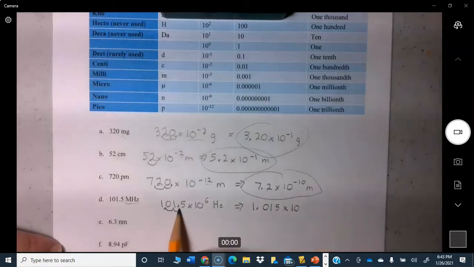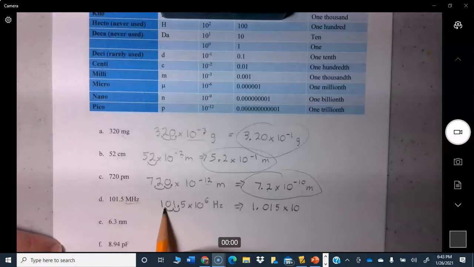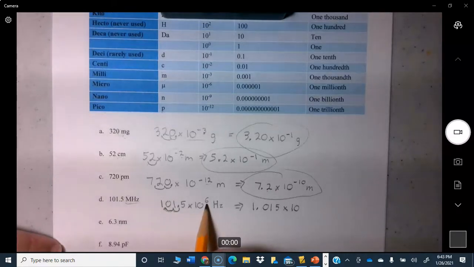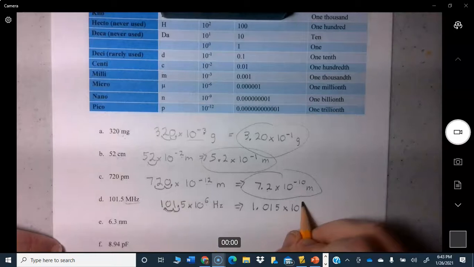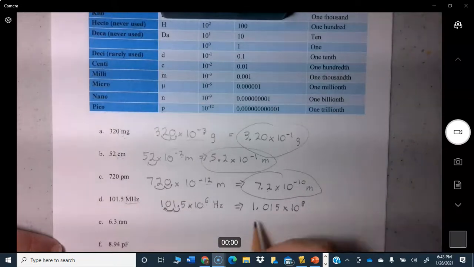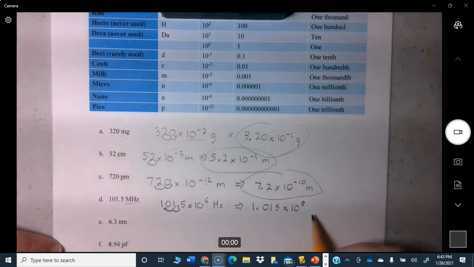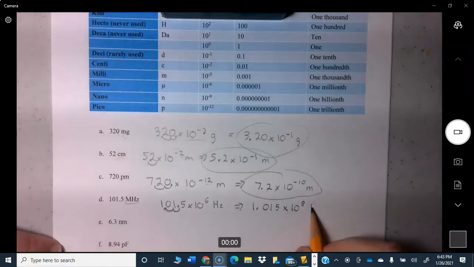So we made this number smaller by 2 positions, 1, 2, smaller. So this has to become 2 bigger. So that would be 10 to the 8th power. We're dealing with a positive number now, so it's getting bigger. All right, and again, that's hertz. All right, so I'm going to leave that.